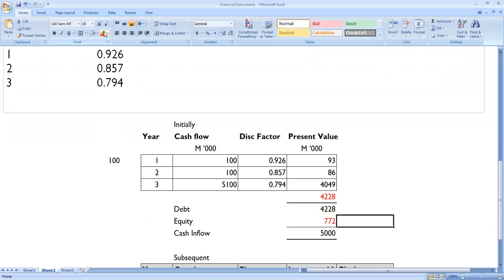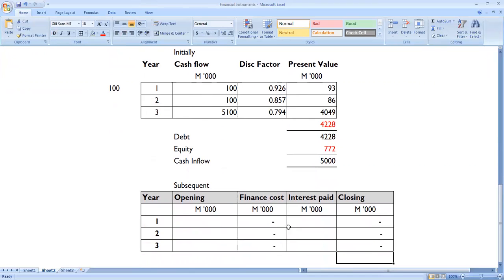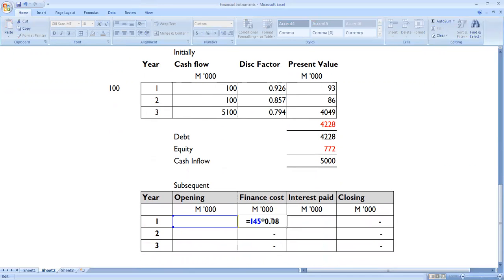So we've done the first step: we've split this into the debt and the equity element. Now we have to account for the debt element. For the debt element, the finance cost, effective interest, is 8% here.